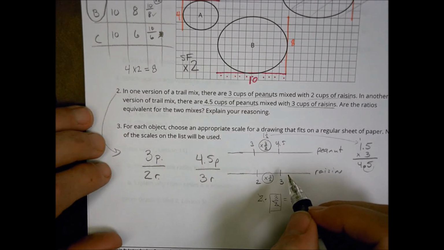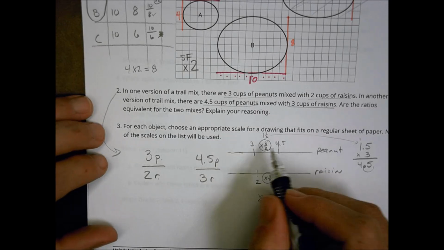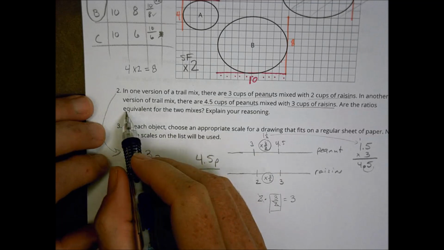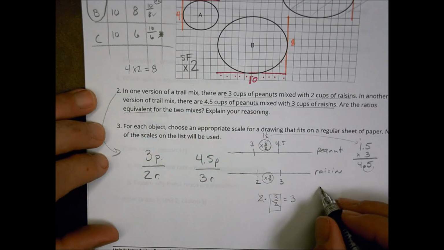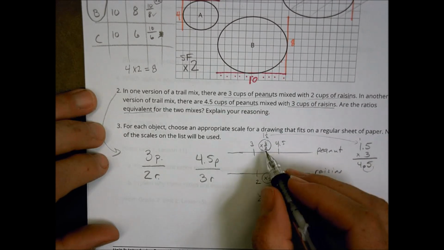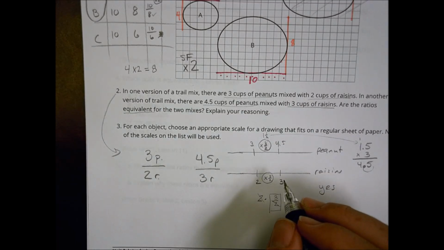They're going to be the same proportion of peanuts to raisins. Even though I have different amounts, it's proportional. They are indeed equivalent. So yes, these are equivalent ratio mixtures because of this factor that I'm multiplying by, 3 over 2, to demonstrate that they're equivalent.